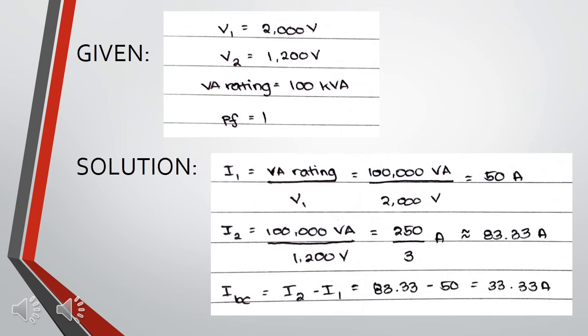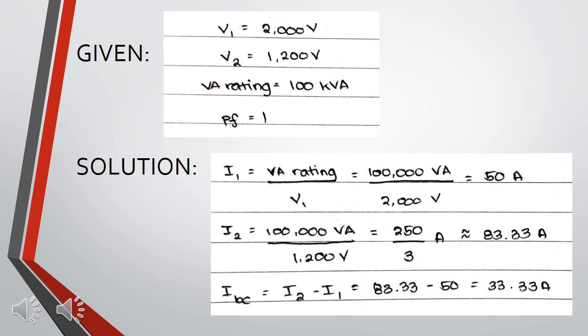So, the next step is to identify the values of the currents. Ang kailangan nating currents is the I1, I2, and IBC. Where, ang gagawin dun sa I1 and I2 is to divide the VA rating by their respective voltage. So, sa I1, ang gagawin dito is 100,000 VA all over 2,000, which results to a value of 50 amperes.